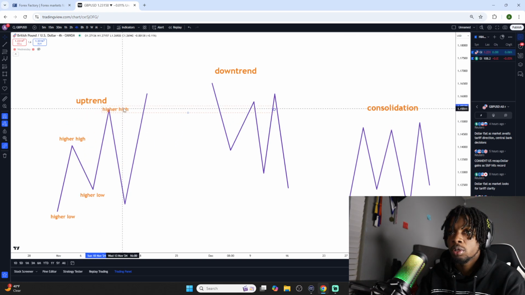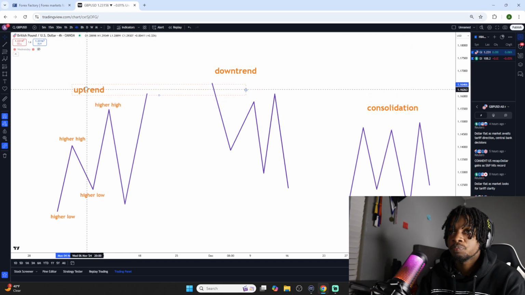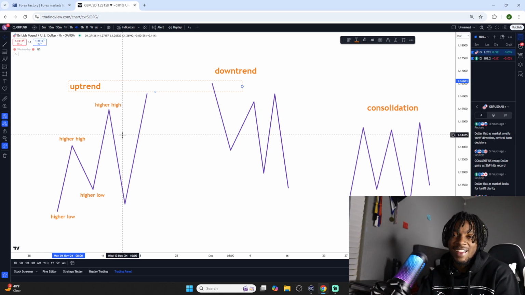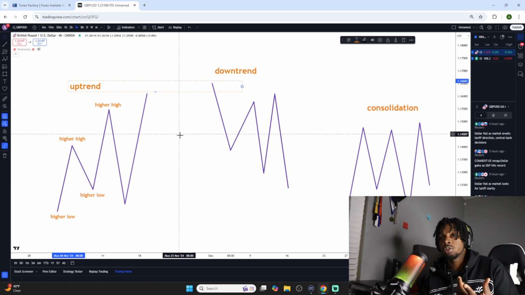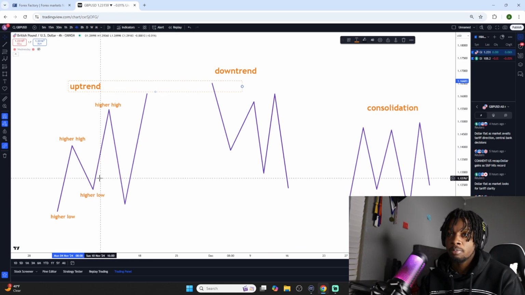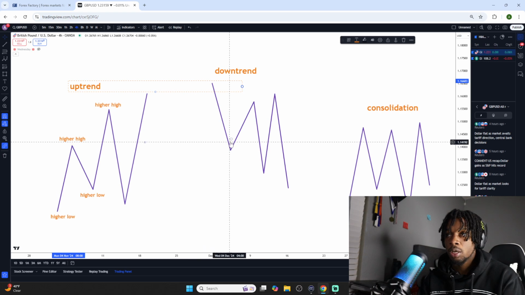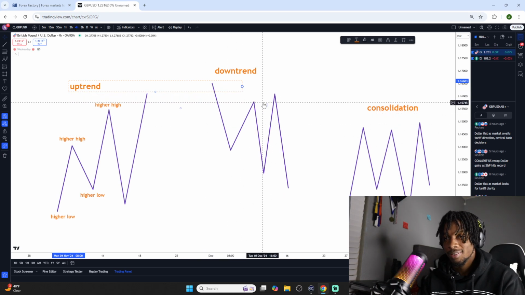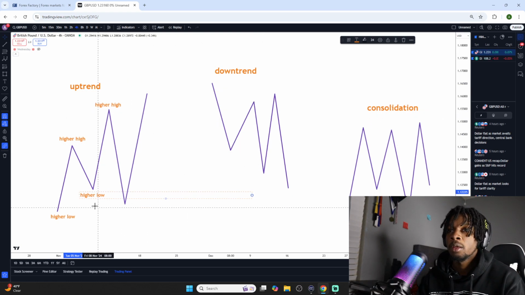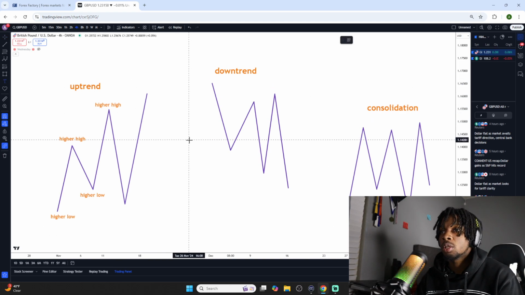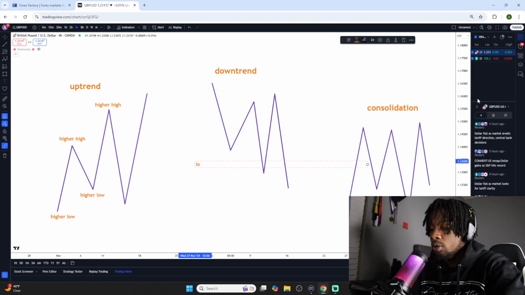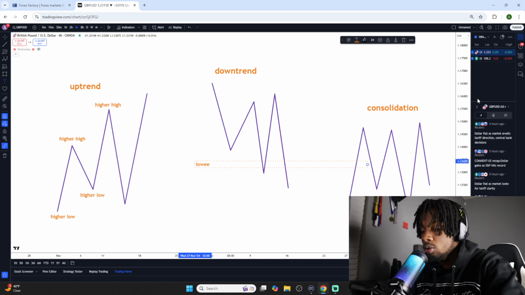You just continue to keep doing this across the chart. Really, I don't put this on my chart when I trade. I just know it, you know what I'm saying? But I'm just saying that it makes trading easier, because you know that on the uptrend you're buying at a higher low, and on the downtrend you're selling at a lower high. You just gotta flip it, because sometimes it does take a lot of time for someone to get this down. Like I said, showing y'all this, we're on a downtrend, so it is a lower high.